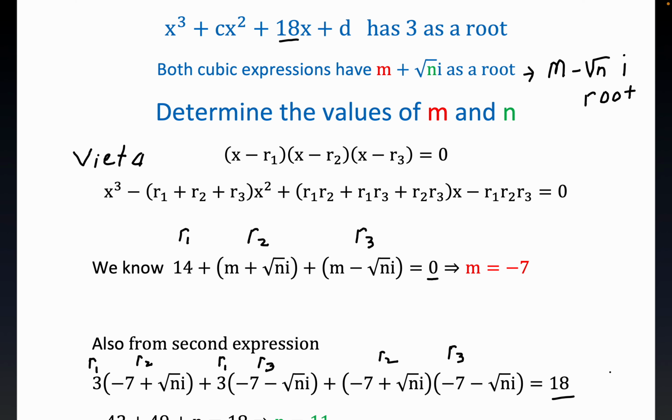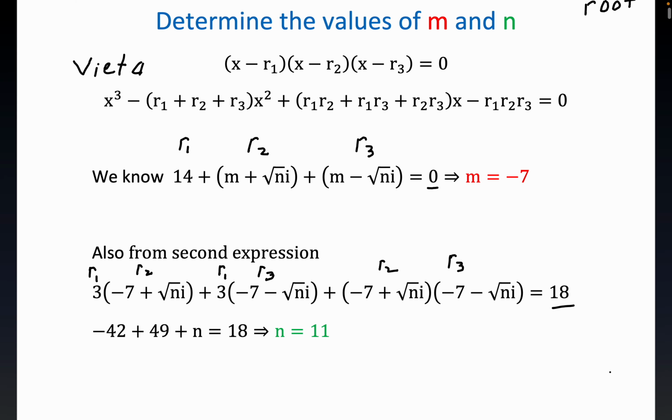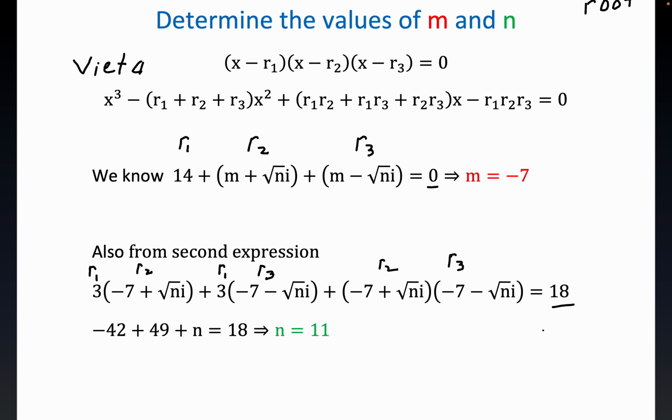Once you do the arithmetic, note a standard result: if you have a plus bi, where i is the imaginary unit, the square root of -1, which means i squared is -1.